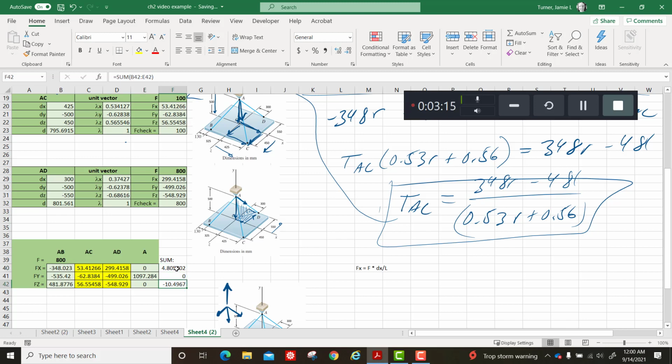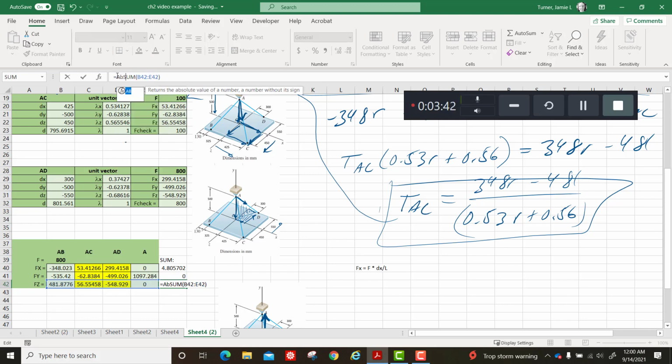the Y direction. And what we can do with our sum is, I'm going to actually add absolute value to this thing. So I'm going to say ABS because I want the numerical solution to force this to 0 without making one positive and one negative. That's going to be important.